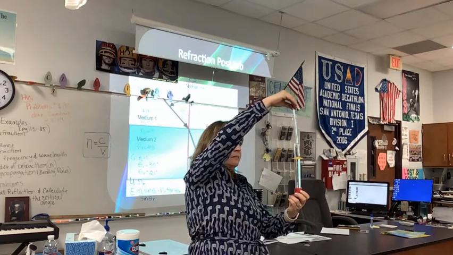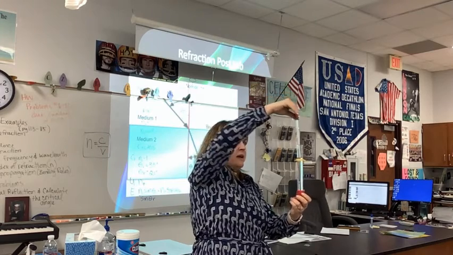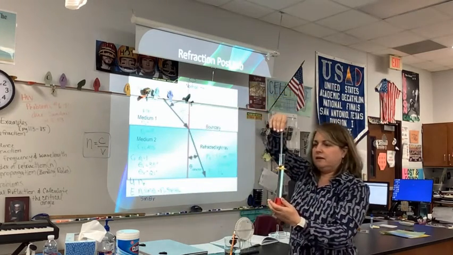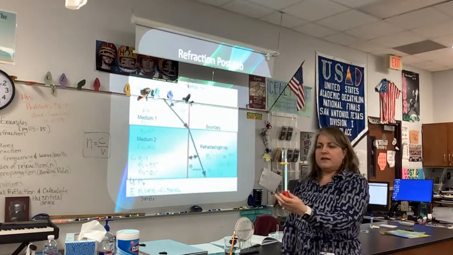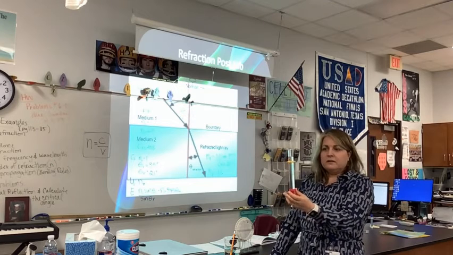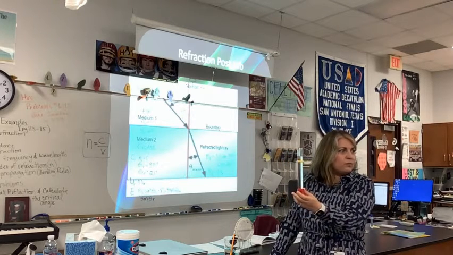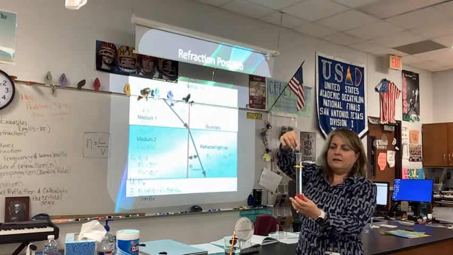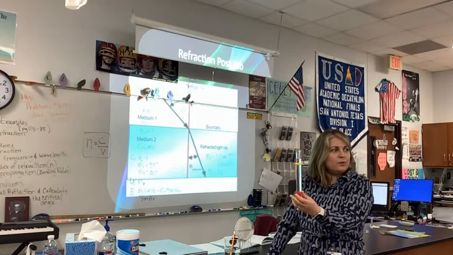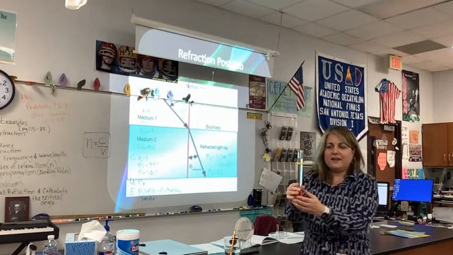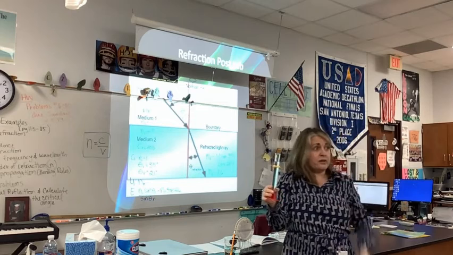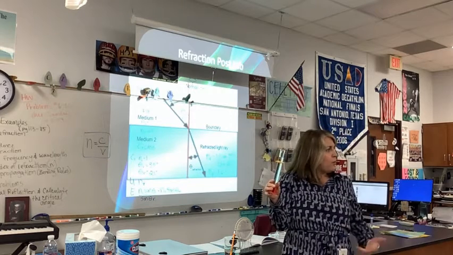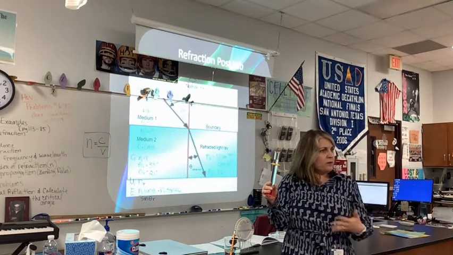How about this one? There's a glass stirring rod and that's just vegetable oil. Is it still there? It's still there. I can kind of see it. So why do you think that the glass stirring rod seems to disappear? What properties would have to be the same?